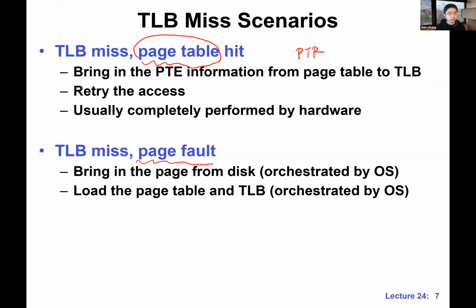A page fault means we need to allocate the page in the physical main memory, and this is where we need help from the OS, the operating system. We need to bring in the page from the disk and also update the page table and the TLB. This is very costly because we have to interact with the disk. This can be very, very slow. If you're using an old kind of disk, or even a new disk like an SSD, this is still much slower than accessing DRAM, the main memory.